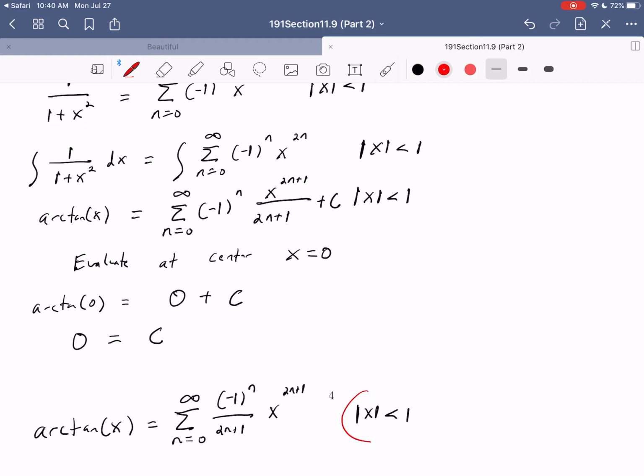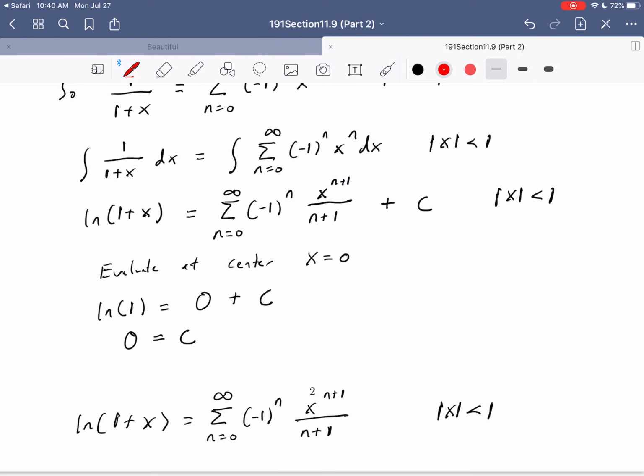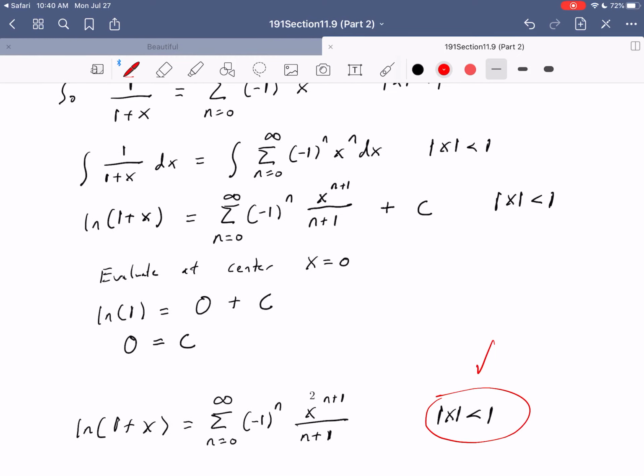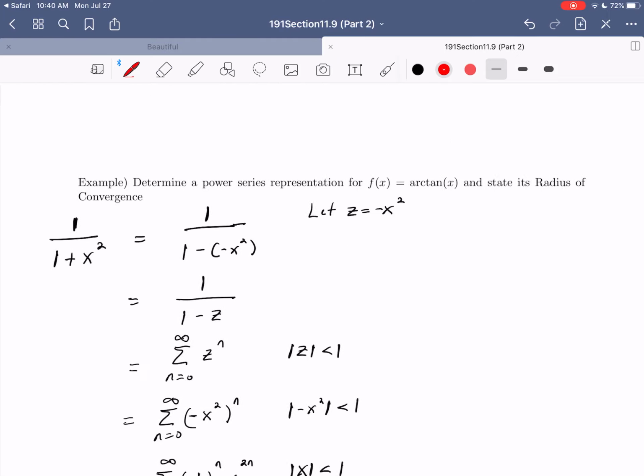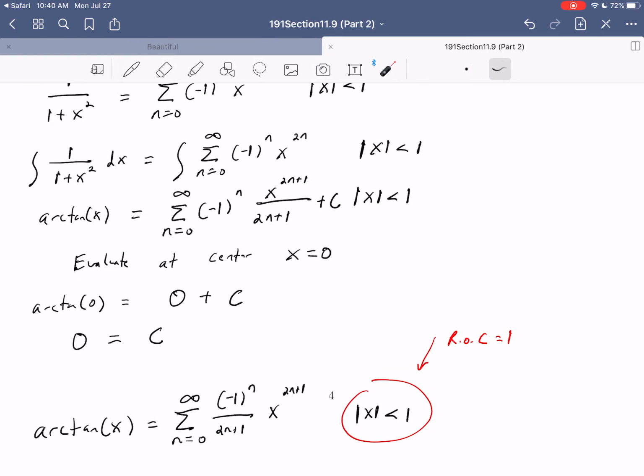And of course, this right here, that is our radius of convergence. Not sure if I circled it on the previous one. Let's just go back real quick and make sure it's clear. This right here, of course, was our radius of convergence equal to 1.